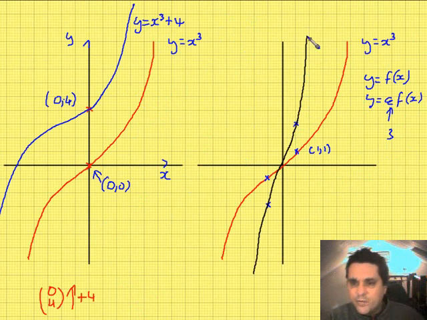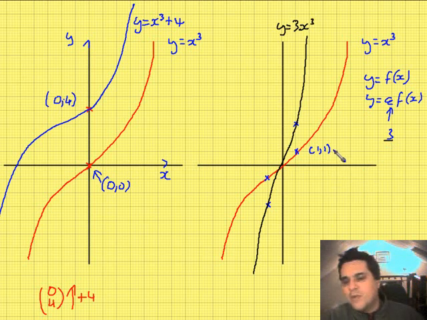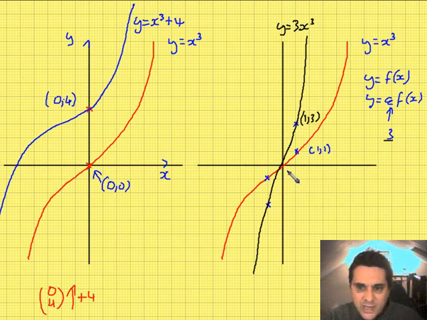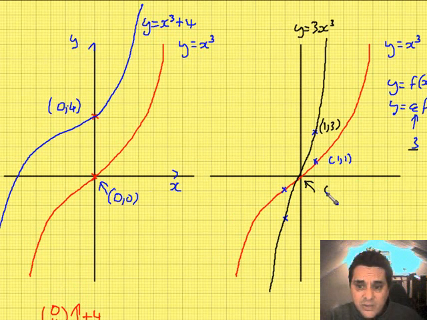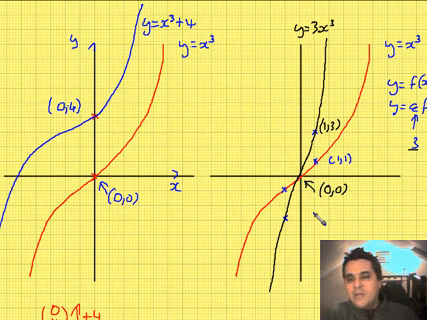So the transformed graph will be y equals 3x cubed. Of course the a was 3, so I multiplied the y coordinate by 3. So 1, 1 becomes 1, 3 as an example. It still passes through 0, 0, because 0 cubed is still 0, and 0 times 3 is still 0.